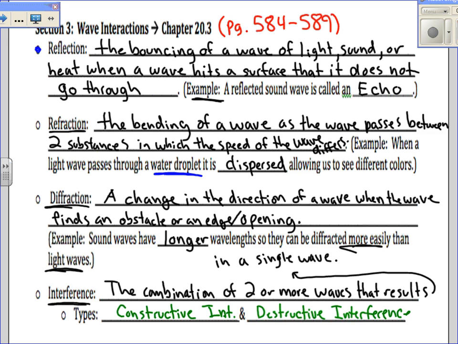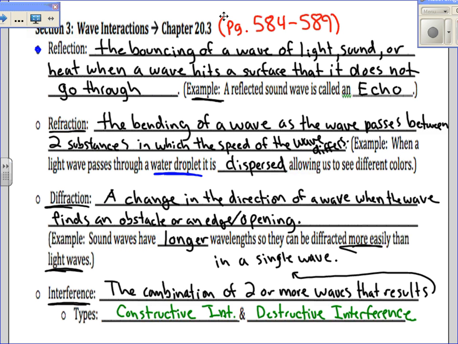I'm sure you've heard of interference before, with regards to sound waves or maybe radio waves. In destructive interference, the crest of one wave overlaps with the trough of another, and it has a smaller amplitude, so the energy of the wave will decrease. Constructive interference is a little bit different than what I just described.